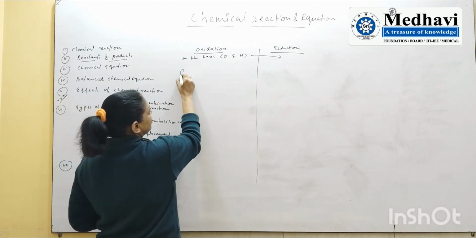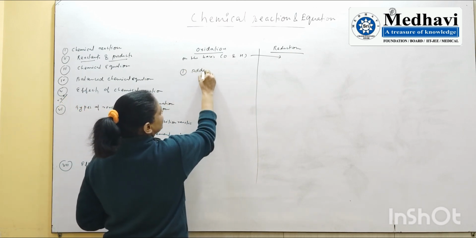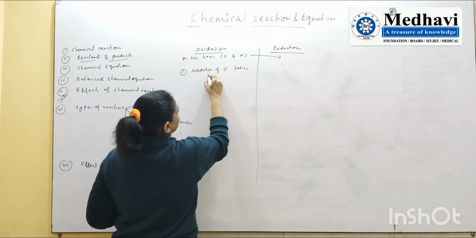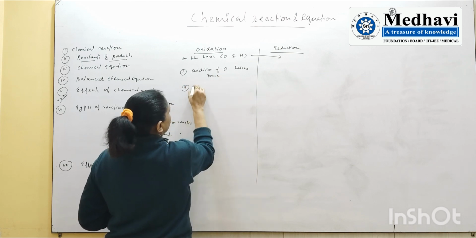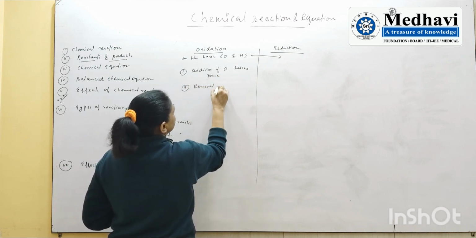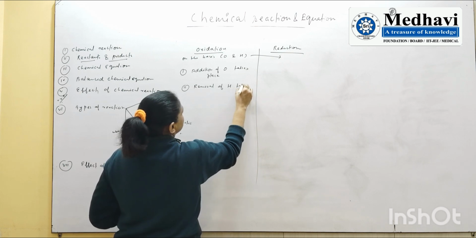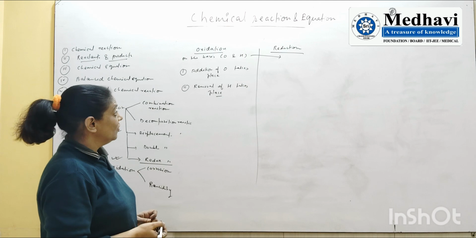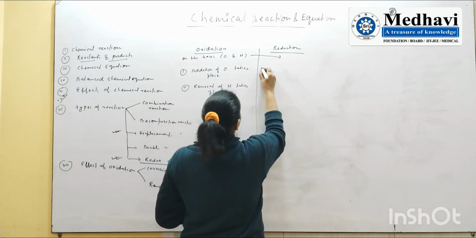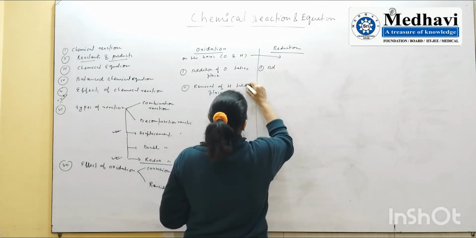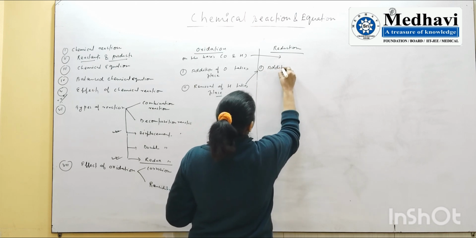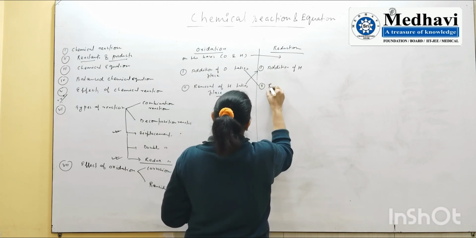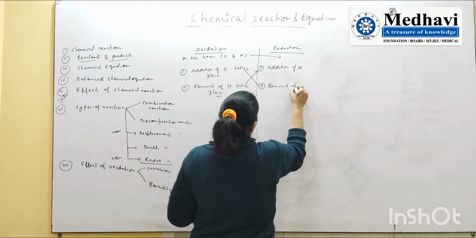Oxidation is a process in which addition of oxygen takes place or removal of hydrogen. Whereas in reduction, there is addition of hydrogen or removal of oxygen.